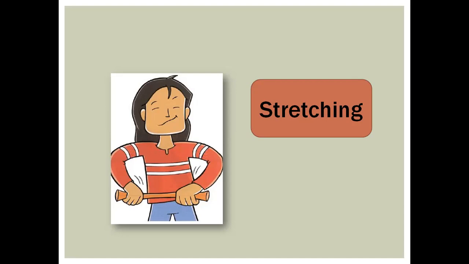So we are going to say that she is stretching a rubber band. We can stretch all those things that have elasticity inside. So we cannot stretch a rod, we cannot stretch a towel. We can only stretch those things that have elasticity in them. So this is stretching.